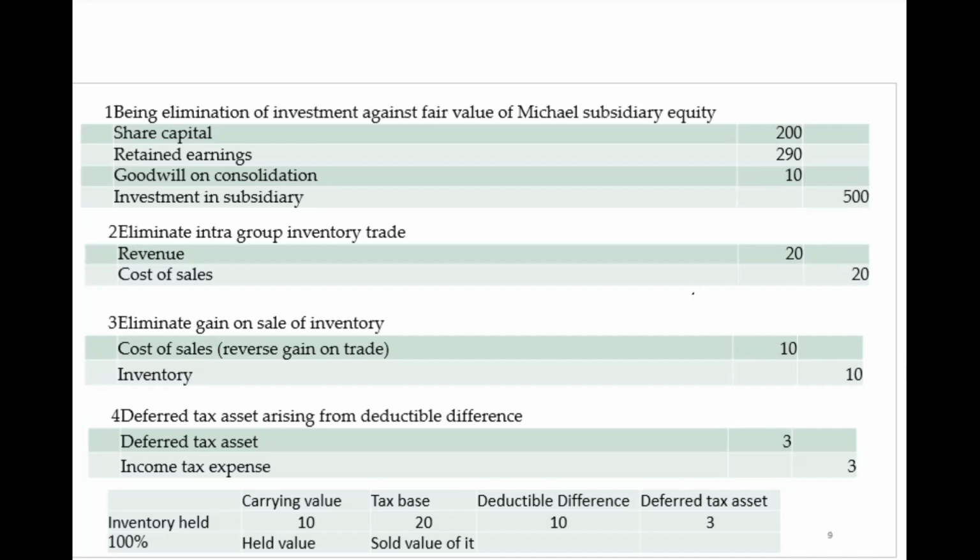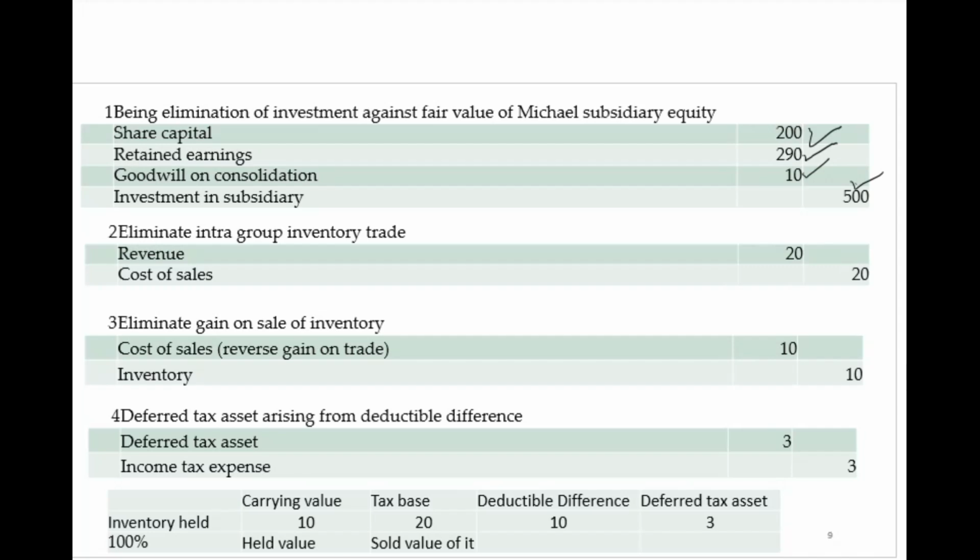We credit investment in subsidiary 500 million. We debit share capital 200 million and debit retained earnings 290 million, and the remaining amount is goodwill of 10 million. And that's our elimination entry.